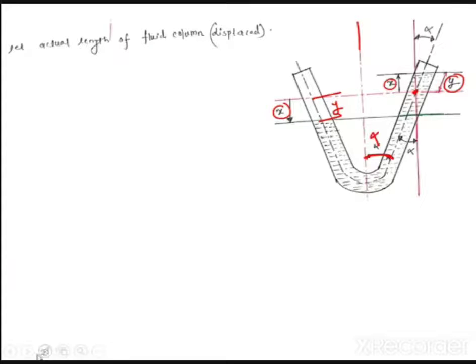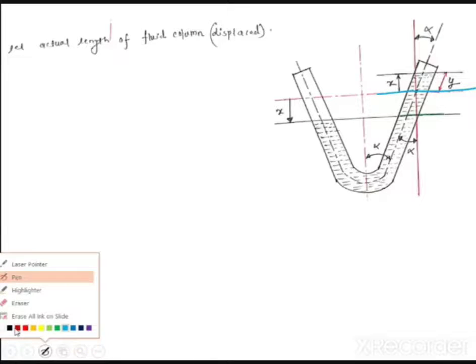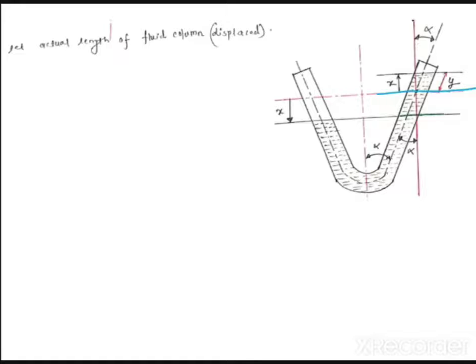Okay. I am taking it again. I will change the color pen so it will be easy for you. You can see this is a mean line. Very, very important. If you draw a vertical line from this mean line, now this vertical line which I have drawn here, you will get the intersection point here. Now this vertical line and this vertical line are parallel to each other. So let us say this is the center line of the tube.